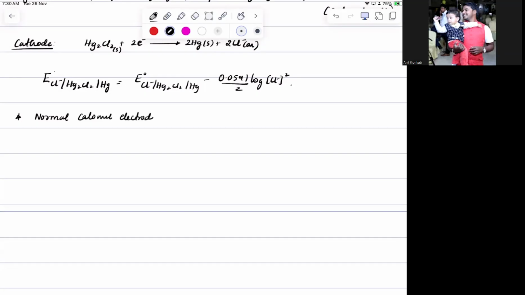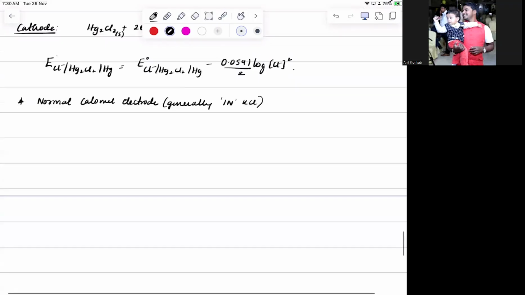Normal means generally we take one normal solution of KCl in this. If it is given as decinormal, it means you are taking 0.1 normal KCl. So if you read it this way, that is what we need to understand.